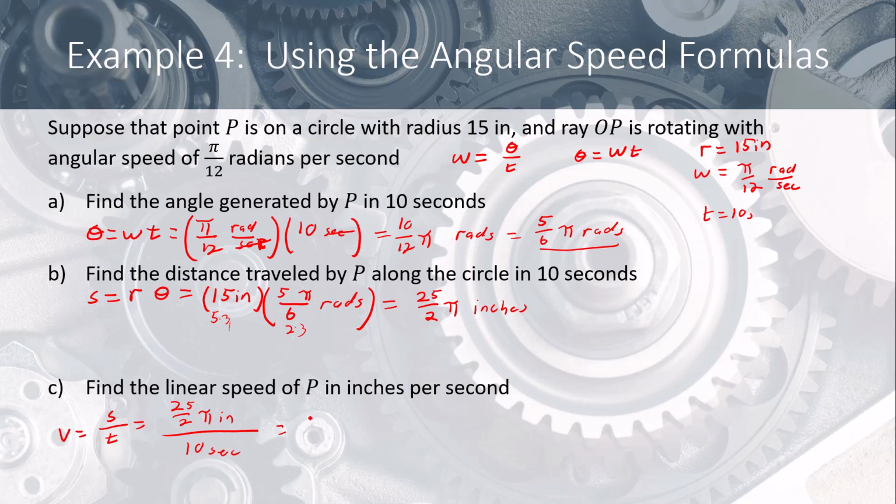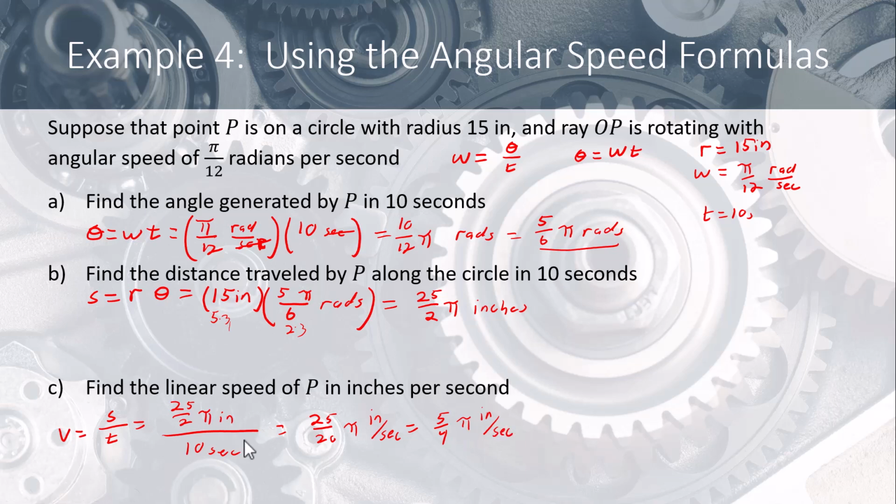That gives us 25 divided by 20 pi inches per second, which is 5/4 pi inches per second.